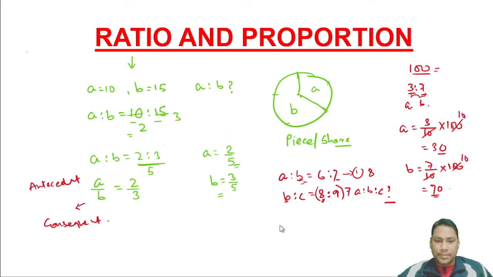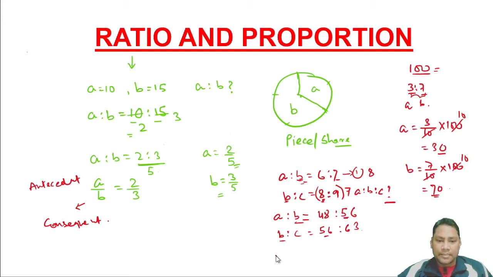Then A is to B will become 6 times 8, 48, is to 7 times 8, 56. Likewise, B is to C will become 8 times 7, 56, and 9 times 7, 63. Here the value of B is 56 in both, so it is the same.